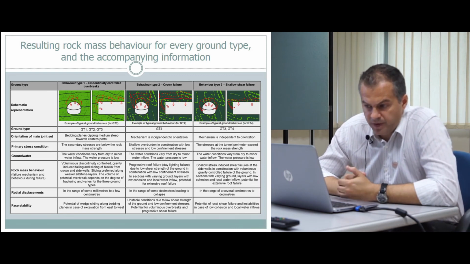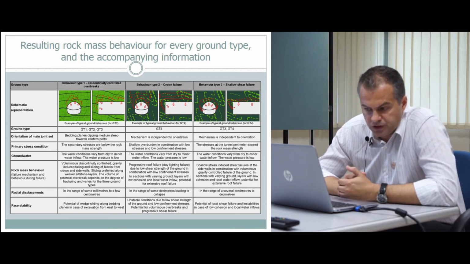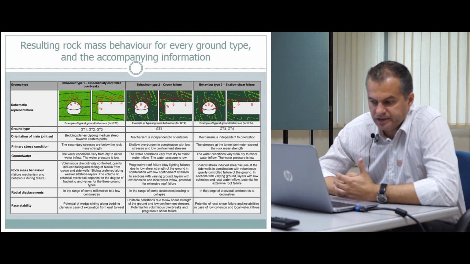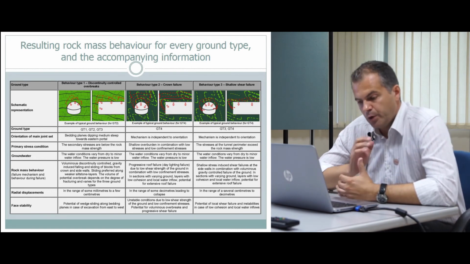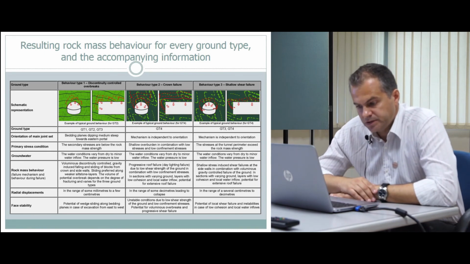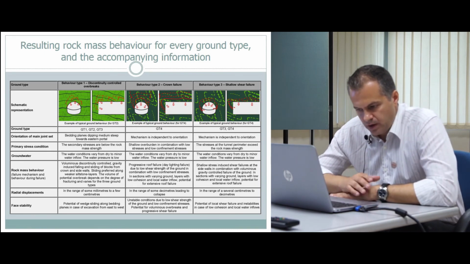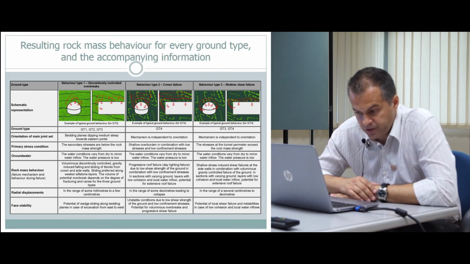So in the first behavior type, we have numerous discontinuity-controlled gravity-induced falling and sliding of blocks from crown and sidewalls. Sliding is preferred along the weakened siltstone layers, so the parameters should also be focused on the weak siltstone layers, not only on the sandstone that prevails in the area.